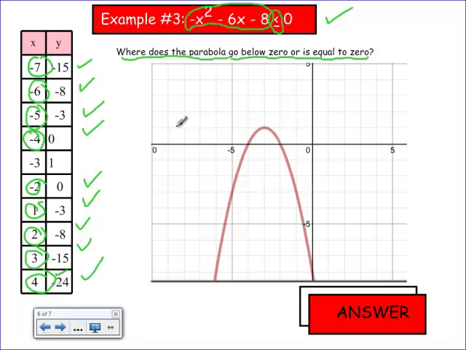Let me come over here and look on this graph. -4 worked, -5 worked, -6 worked, -7 worked. Seems like I'm going this way. They all gave me answers below 0. All right, -2 worked. -1, 0.